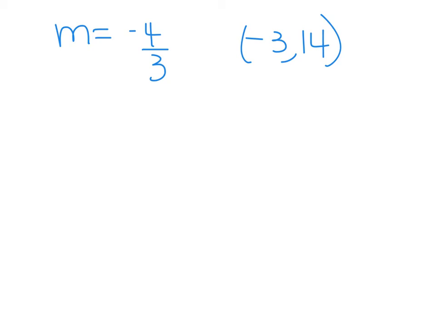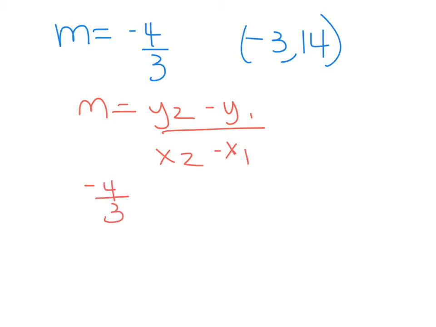So I'm going to again use my slope formula. m equals y sub 2 minus y sub 1 over x sub 2 minus x sub 1. I already know the slope, so negative 4/3. This is x, this is y. So y minus 14 and x minus negative 3, I'm going to make that a plus 3.